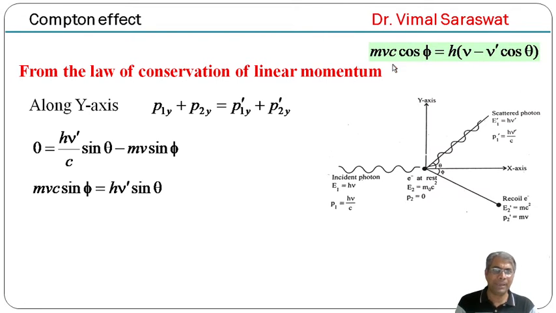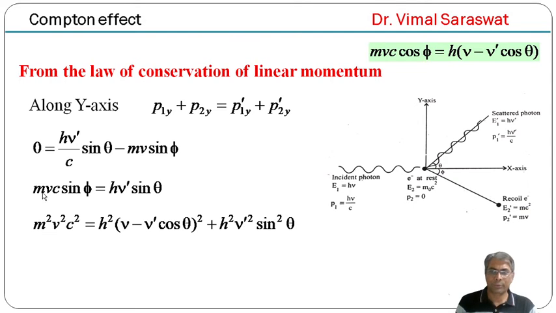Since mvc cos φ = h(ν − ν' cos θ), if we square this equation and the other equation and add, we get m²v²c² sin²φ + m²v²c² cos²φ.